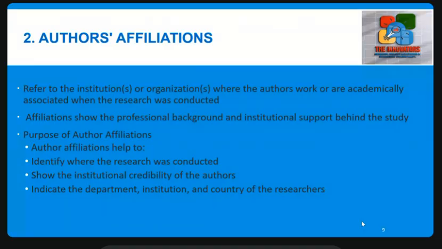This shows the credibility of the author, that the authors of this work come from a very reputable institution. Also, it indicates the department, the institution, and the country where the researcher came from.